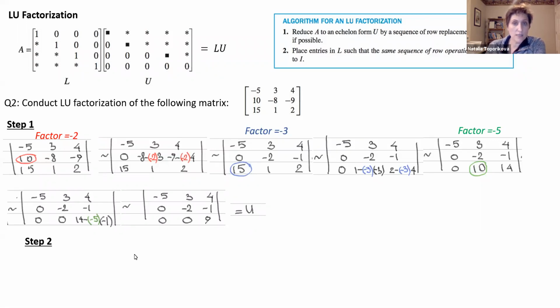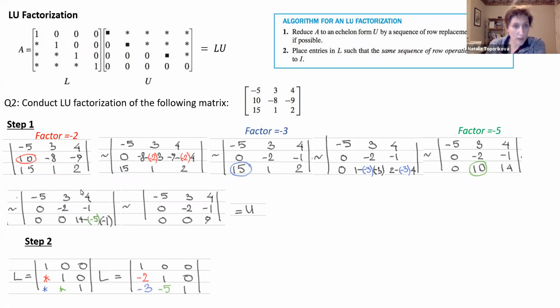Now let's go to step 2 and construct matrix L. Again, matrix L has diagonal elements equal to 1, zeros above them, and we need to figure out what the lowest 3 elements are. Because we recorded faithfully all our multiplication factors, we can plug them in.